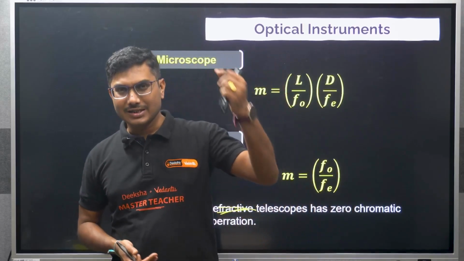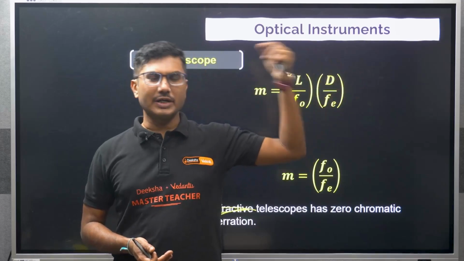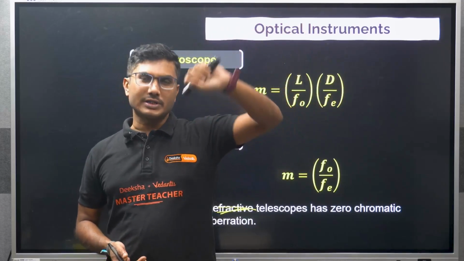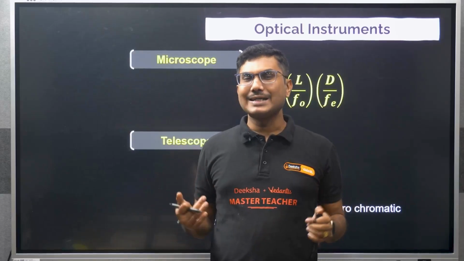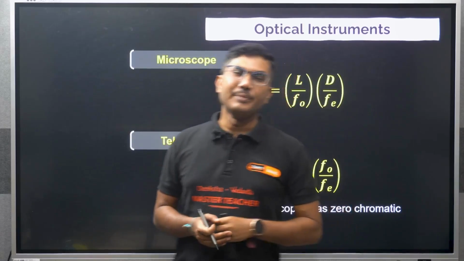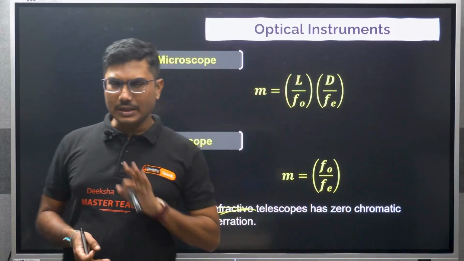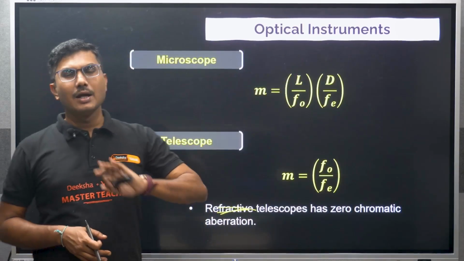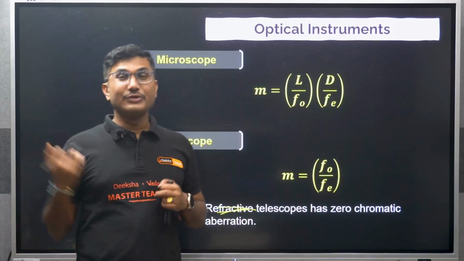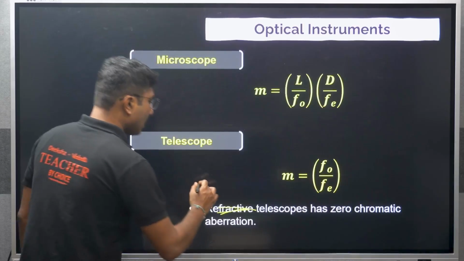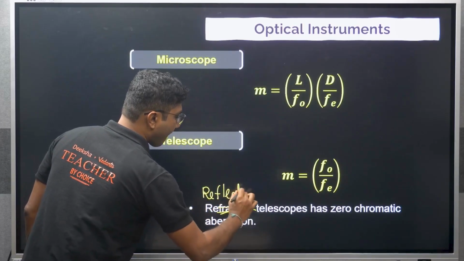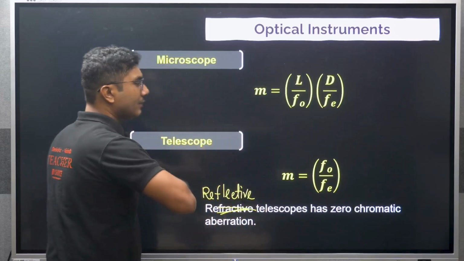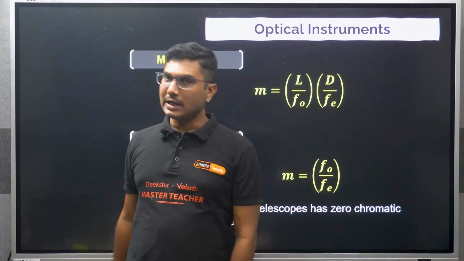But for a star, when you are observing a very distant object, very few amounts of light are coming, so in that case it is very difficult for us to eliminate the chromatic aberration. There are ways, no problem in that, but if you are using reflective telescopes, they do not possess any chromatic aberration.